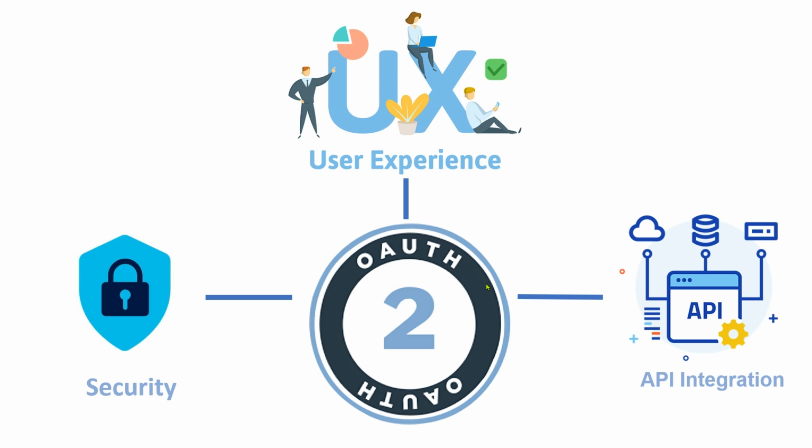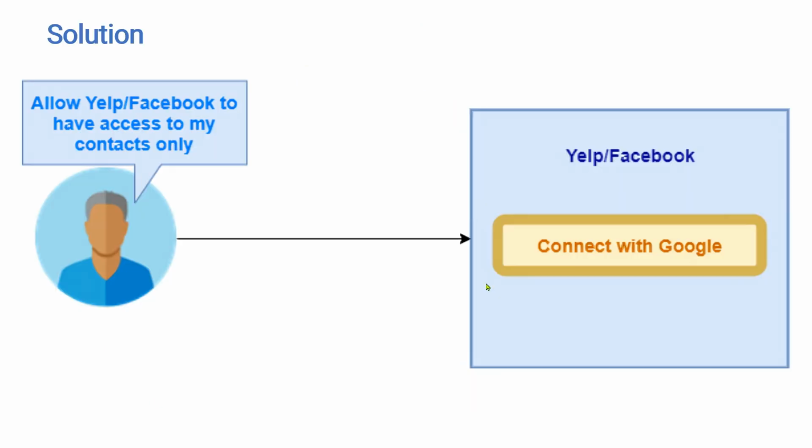So in the given example, the user is asking Google, since he logs in with Facebook, to allow access to Facebook only for his contacts. Here, allow Facebook to have access to my contacts only.